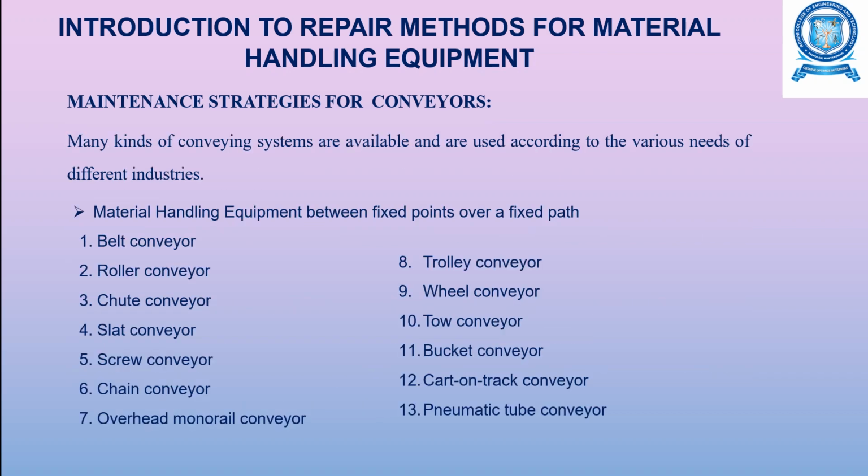So there are many kinds of conveying systems which are available and are used according to the various needs of the different industries. And some of the material handling equipments used between fixed points or a fixed path are the belt conveyor, roller conveyor, chute conveyor, slat conveyor, screw conveyor, chain conveyor, overhead monorail conveyor, and trolley conveyor, wheel conveyor, tow conveyor, bucket conveyor, cart on track conveyor, and pneumatic tube conveyor.